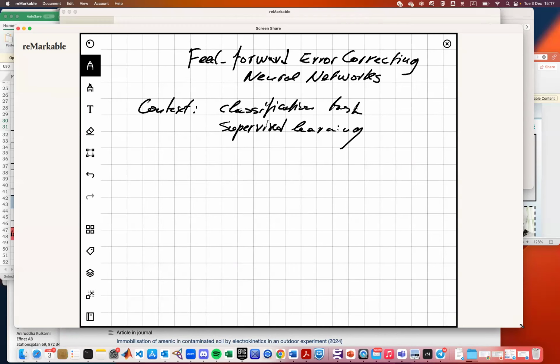The basic idea is that we have input, our vector of features, x1 to xn. This is our feature vector.